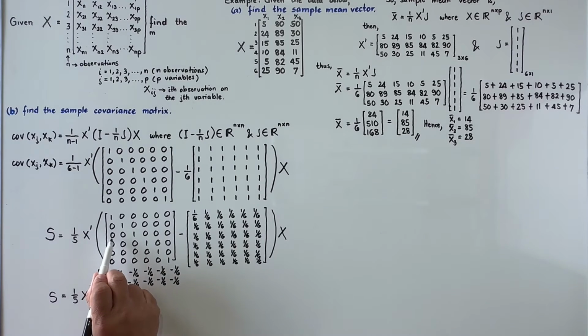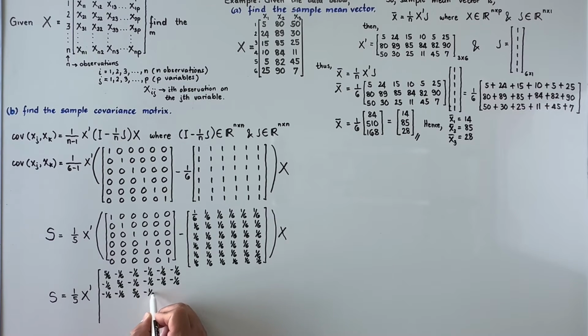And also the third row, 0 minus 1/6, that's negative 1/6. Negative 1/6, but the third element is 5/6, because that is 1 minus 1/6. So that is positive 5/6, and all the rest are negative 1/6 here. Also 0 minus 1/6, so this is negative 1/6, negative 1/6, negative 1/6, but this is 5/6, because 1 minus 1/6 is positive 5/6, and the last two are all negative 1/6.